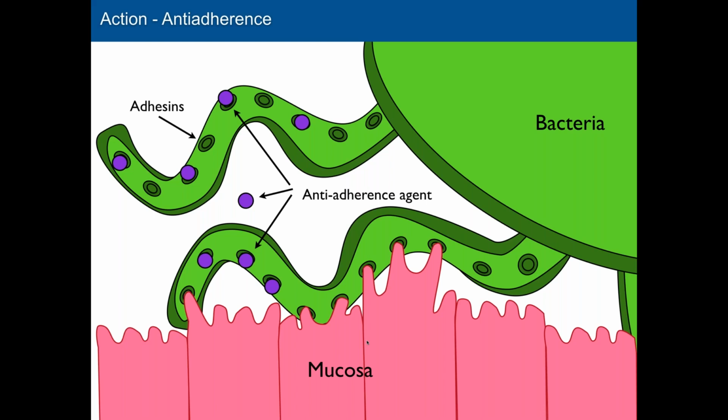The first stage of infection is it has to attach onto the mucosa before it can invade it. So if you prevent it from landing and attaching, then it just gets flushed through the system and won't have this effect.